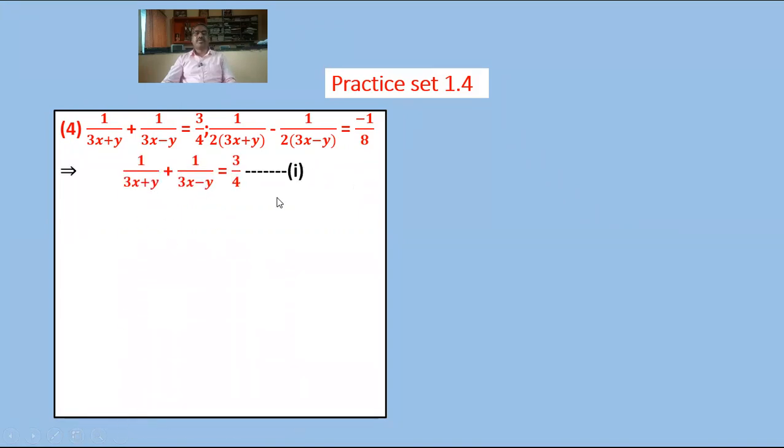Therefore, the given first equation is 1 upon 3x plus y plus 1 upon 3x minus y is equal to 3 upon 4, equation number 1. And the second is 1 upon 2 in bracket 3x plus y minus 1 upon 2 in bracket 3x minus y is equal to minus 1 upon 8.